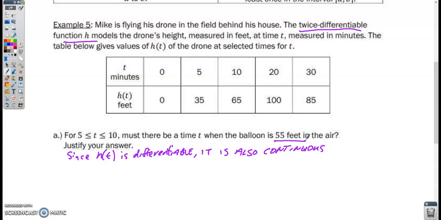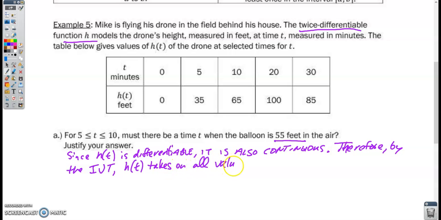So since we're talking about function values, by the intermediate value theorem, h of t takes on all values between h of 5, which is 35, that's one endpoint of the interval, and h of 10, which is 65.